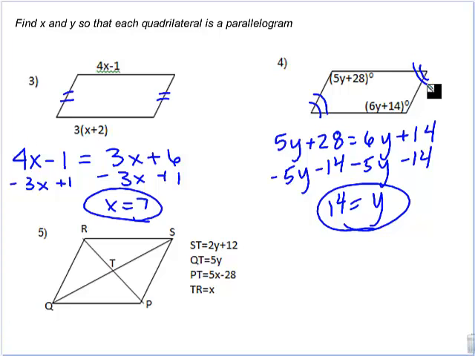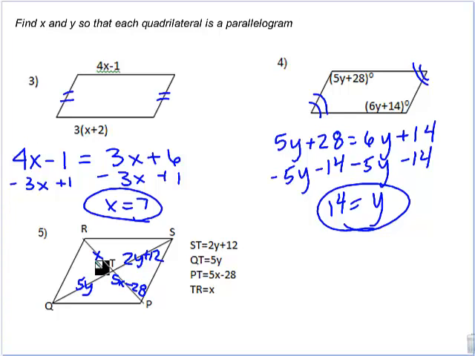Okay, number 5, we've got ST is 2y plus 12, QT is 5y, PT is 5x minus 28, and TR is x. So we should label it first.